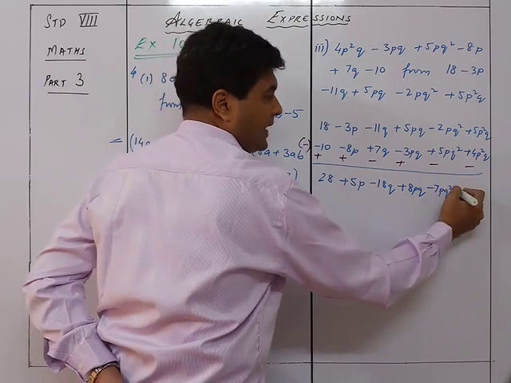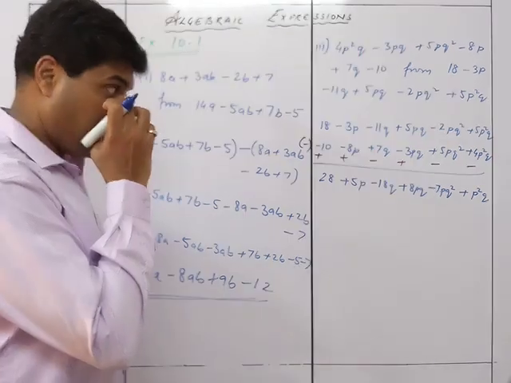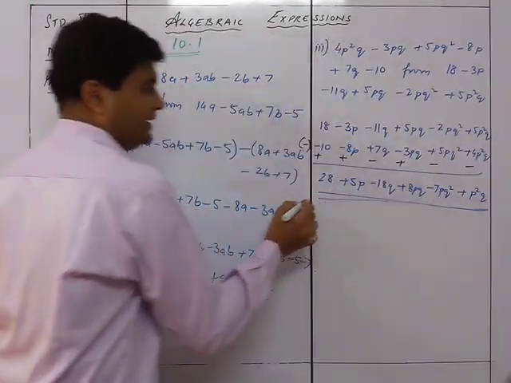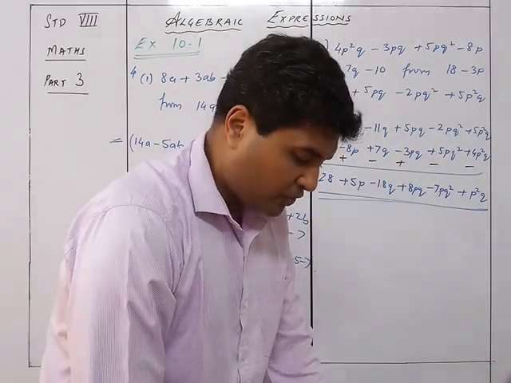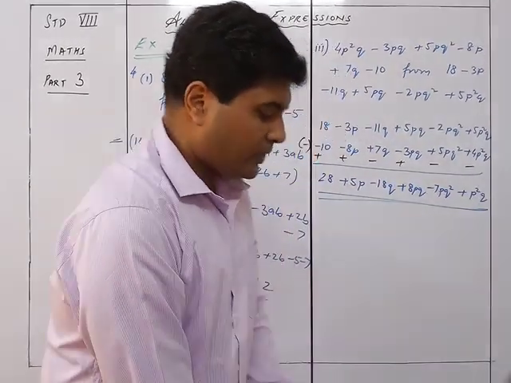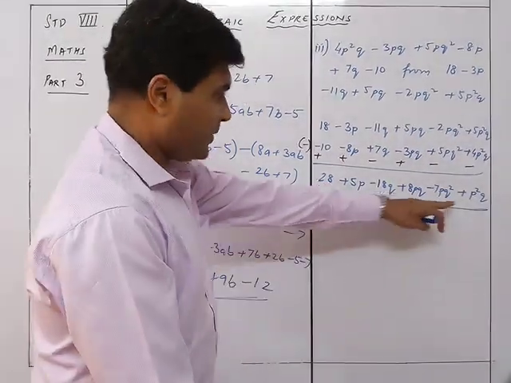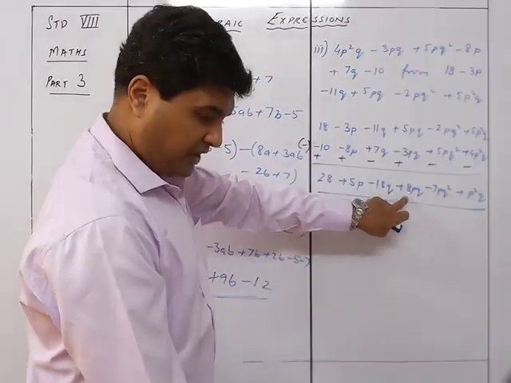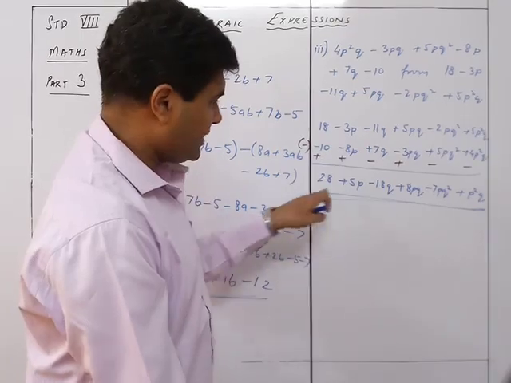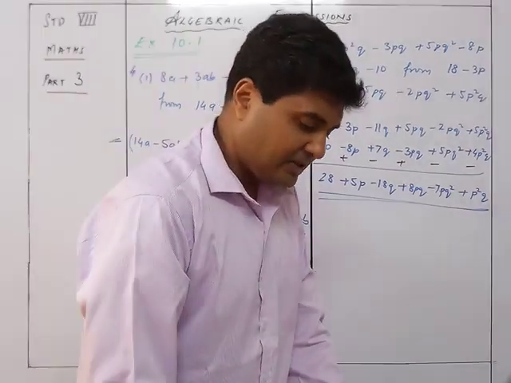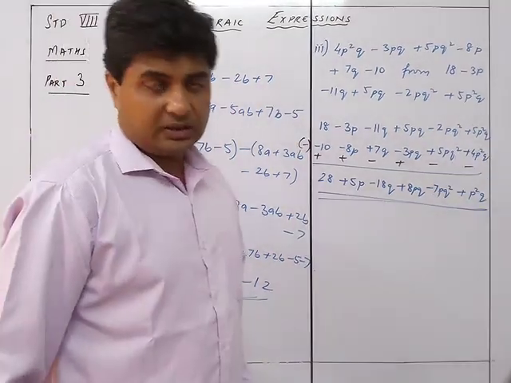Plus and minus, so plus p square q, because 5 minus 4 is 1. So the answer for the fourth, third is 28 plus 5p minus 18q plus 8pq minus 7pq square plus p square q. Yeah, good. That was sum number 4, third sum.